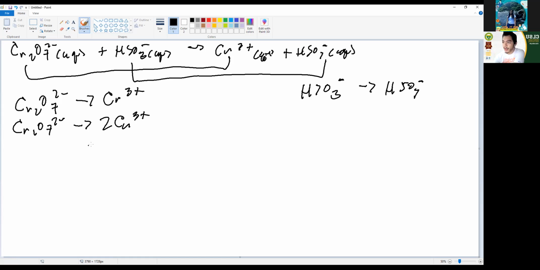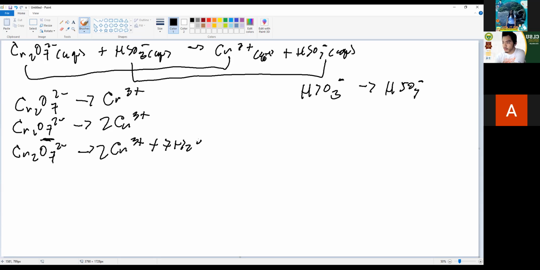Next step is we balance oxygen. So 7 ang oxygen dito, so we will put Cr2O7 2 negative will yield 2Cr3+ plus, magdadagdag ng water, so plus 7H2O. So dalawang Cr, 7 oxygen, 7 oxygen.